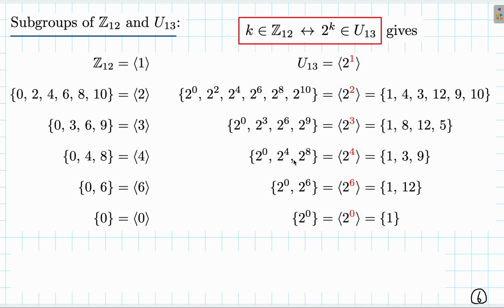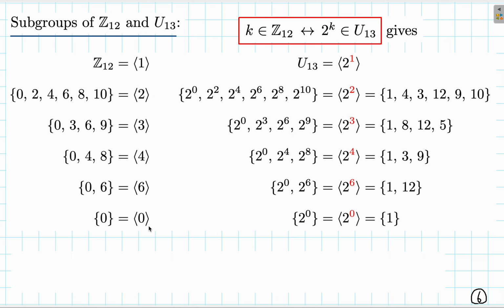We can certainly leave them like this, and we can see the structure of this subgroup much more clearly than if we were to actually compute these powers and write down 1, 4, 3, 12, 9, 10. And so that's a very powerful use of this correspondence to come up with all the subgroups of U13.